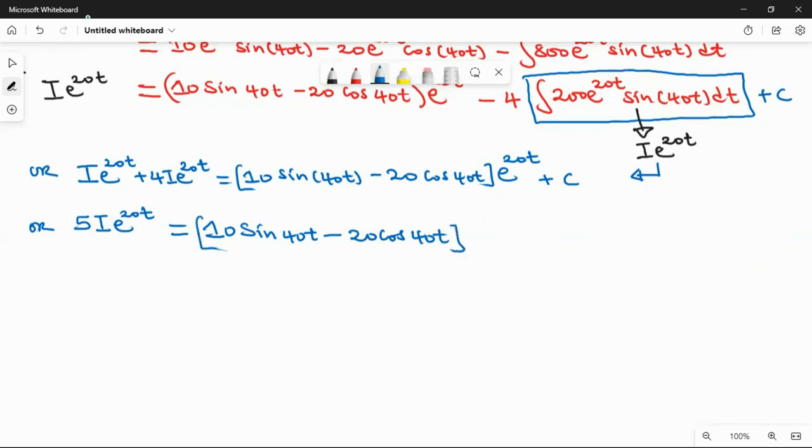This is multiplying exponential 20t, then plus a constant c. So if I divide through by 5 exponential 20t, we are going to get this.